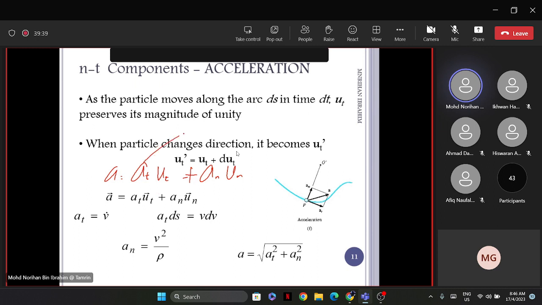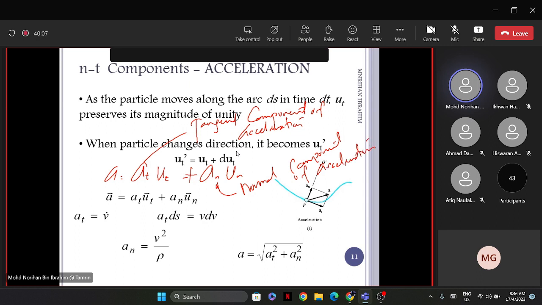So AT is the tangent component of acceleration, while AN is the normal component of accelerations.